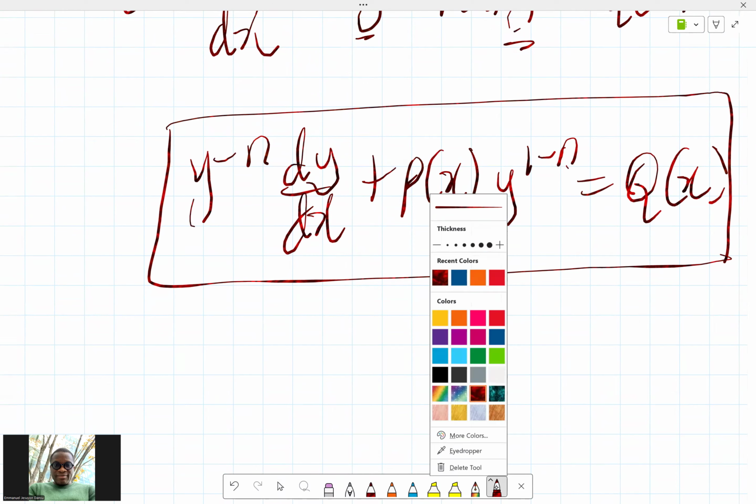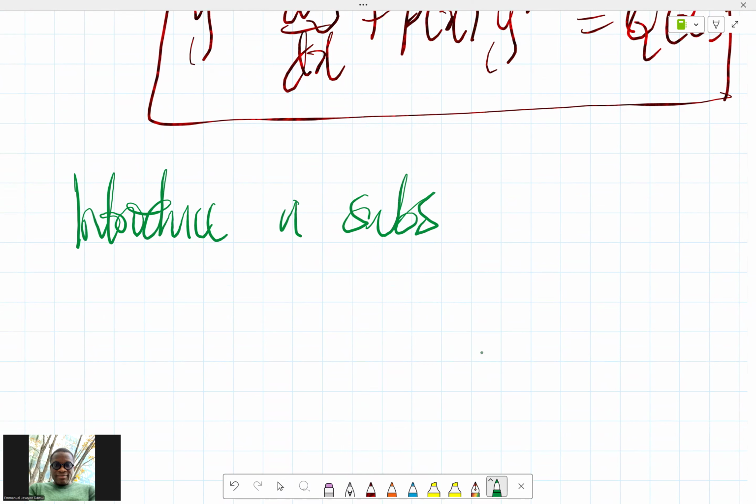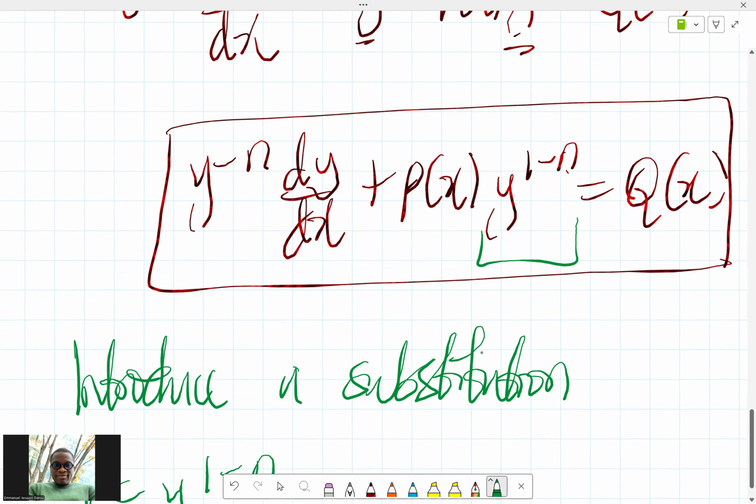Now, the next thing we want to do is to introduce a substitution. That will lead to a transformation where we have v equals y raised to power 1 minus n. You see, we have y raised to power 1 minus n here, so this automatically is like v.